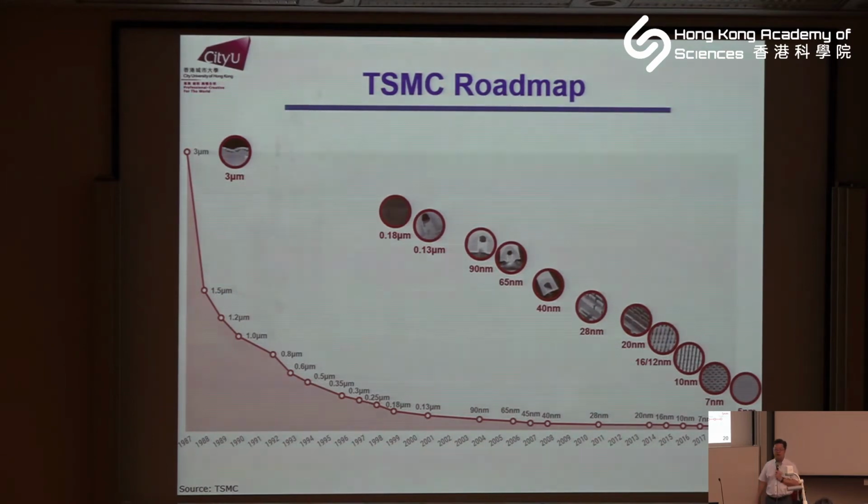So in the entire world, only 3 companies right now can fabricate down to 5 nanometer: Intel, Samsung, and TSMC. That's why in Hong Kong, if we really push our technology enough, we can actually give our design to TSMC, and TSMC can help us fabricate all the transistors. Okay?